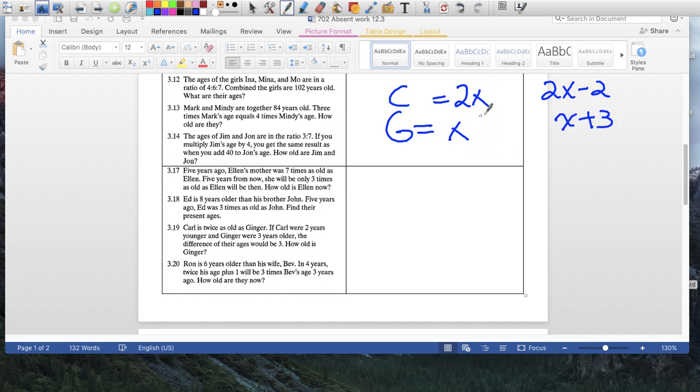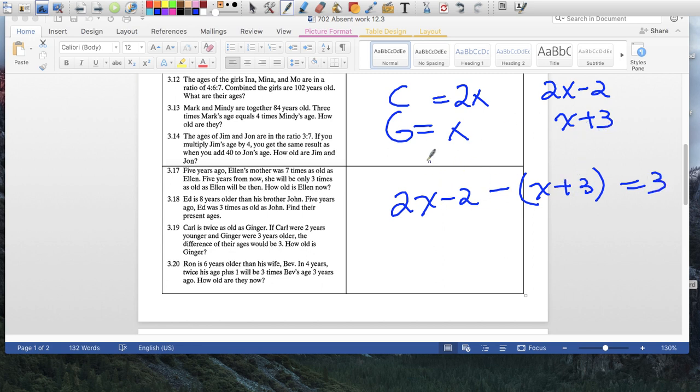So the difference of their ages, Carl's age, 2x minus 2, minus Ginger's age when she's 3 years older, x plus 3, would be 3.